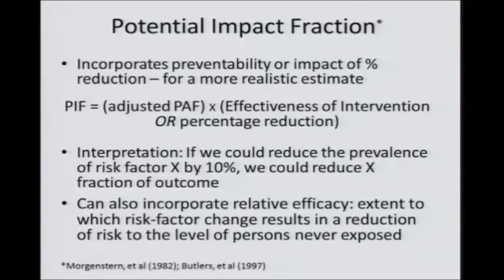And then you can also incorporate relative efficacy, the extent to which the risk factor change and status results in a reduction of risk to the level of persons never exposed. But for the examples that we used, it would be kind of an immediate impact that would reduce, if the risk behavior was changed, it would reduce the risk entirely.